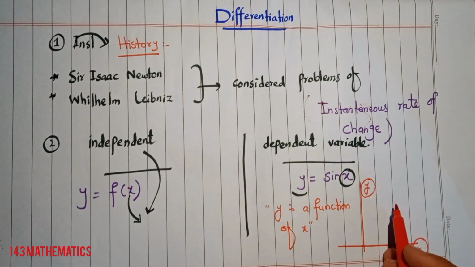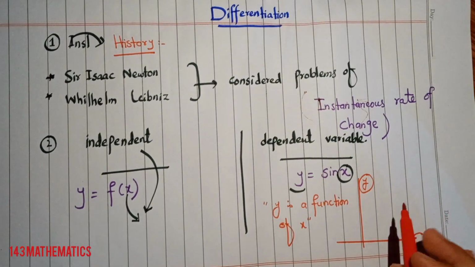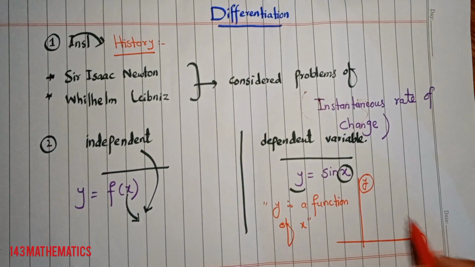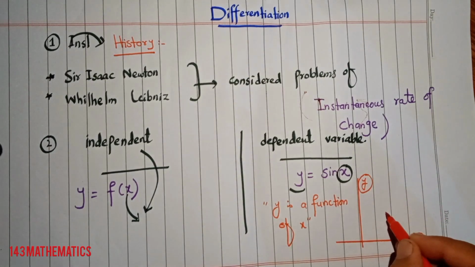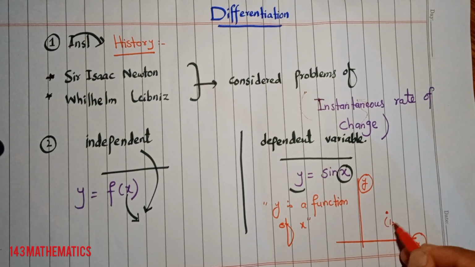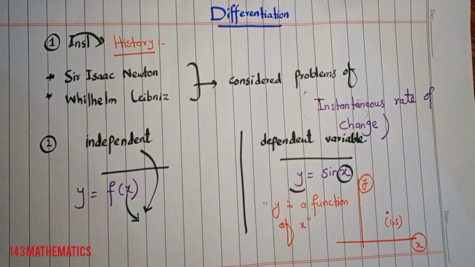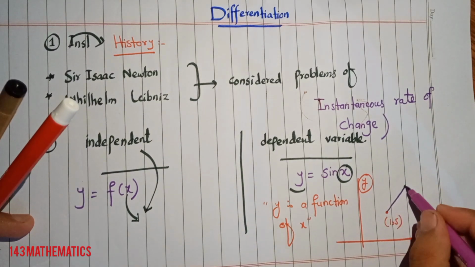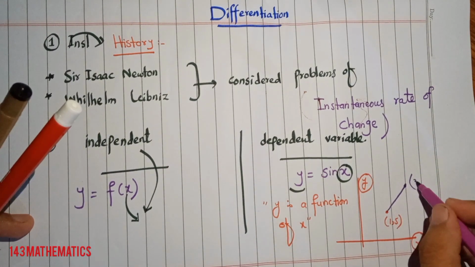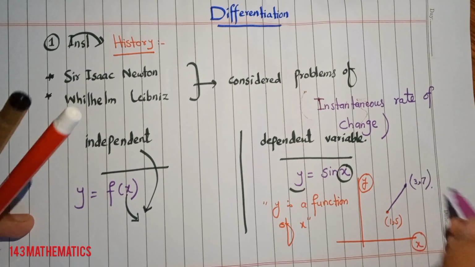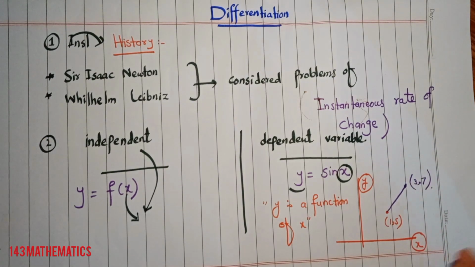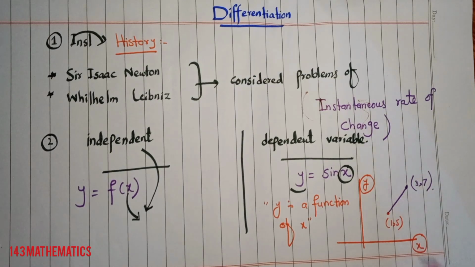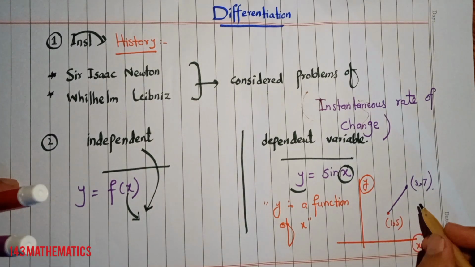There is another concept: increment in x and increment in y. If my point is (1, 5), and this point shifts a small amount to (3, 7), what is the increment in x and increment in y? Increment is simply an increase. So the increase in x is 2.